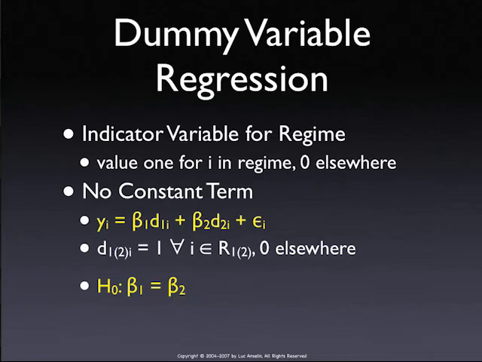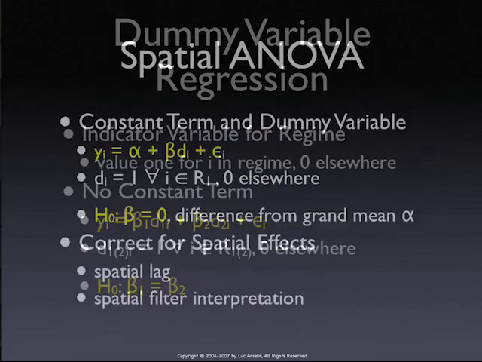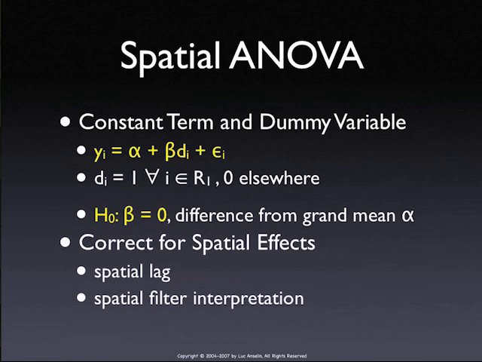And that's very straightforward. In practice, very often it's put slightly differently in that there is a constant included in the regression, and then the beta parameter is a test on the difference from the overall mean. Again, this is very easy to do. You correct for spatial effects if appropriate.